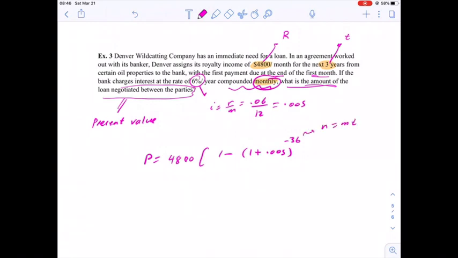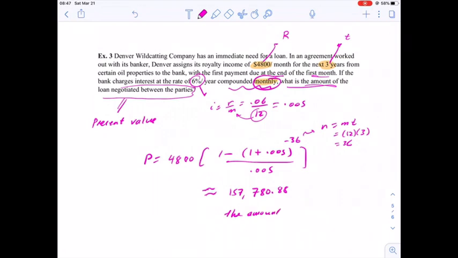N is m times t. M is 12 and t is 3 years. So the number of conversion periods per year is 12 and the number of years is 3. So this is 36, all divided by I, which is 0.005. Computing this using the calculator, we get 157,780.88. This is the amount of the loan negotiated. It's in dollars for sure.